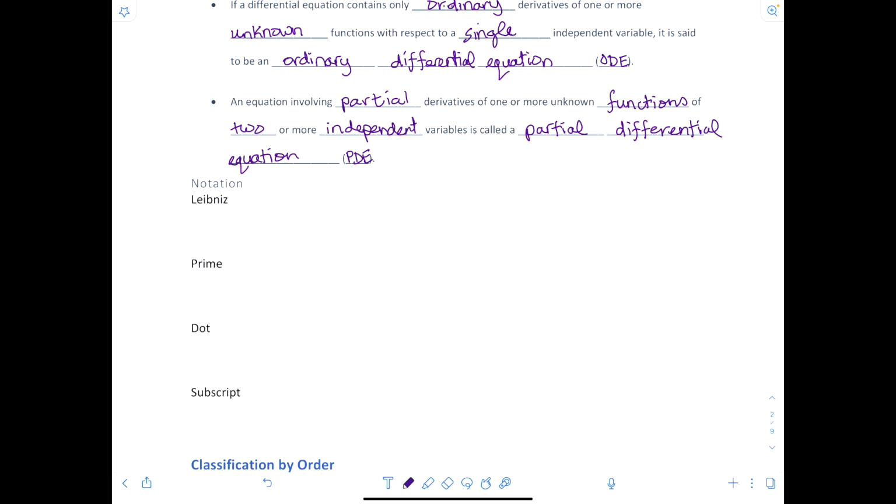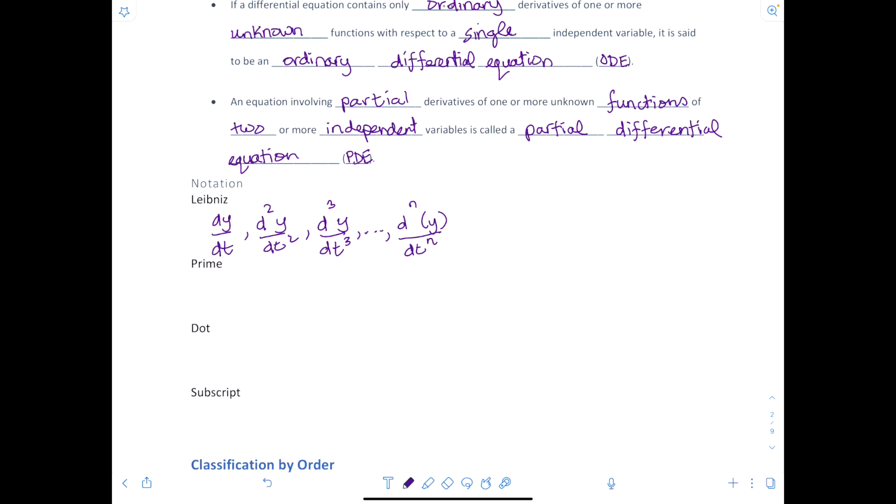So you're used to seeing maybe dy/dt, d squared y over dt squared, the third derivative would be d cubed y over dt cubed, etc. And you can go all the way to the nth derivative of y with respect to t.